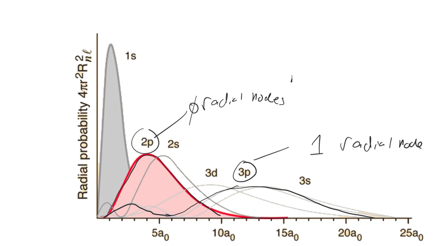So the first time you can have a particular subshell, there should be 0 radial nodes. If we look at the 3d, let me change colors, the 3d is this curve here, and it has 0 radial nodes because that's the first d subshell.